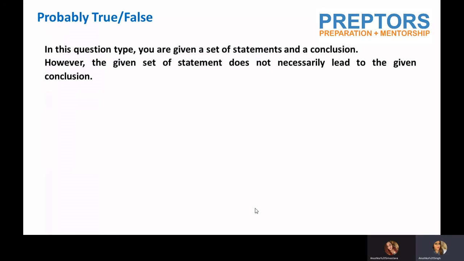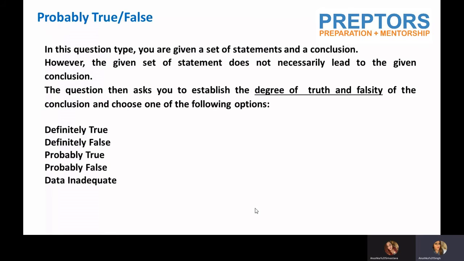What I have to do now is check the degree of truth and the degree of falsity, which means how true or how false the conclusion is, and mark your answer as definitely true, definitely false, probably true, probably false, and data inadequate. Correct? So this is what tests you on degree of truth and degree of falsity.